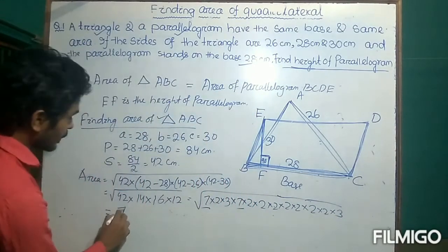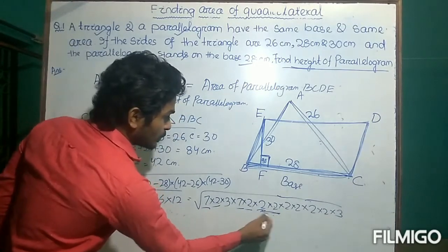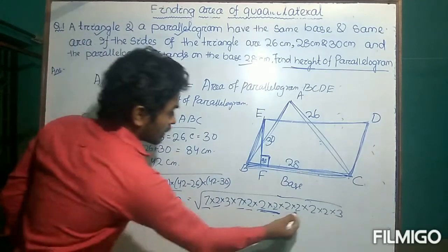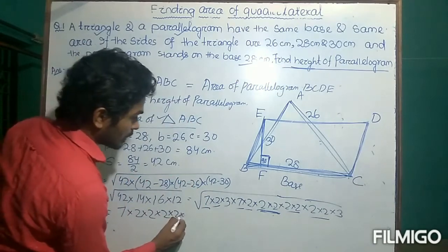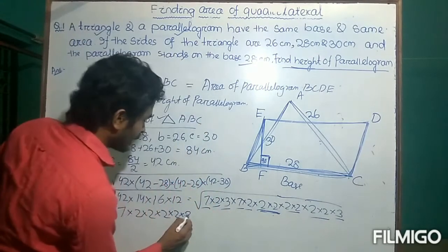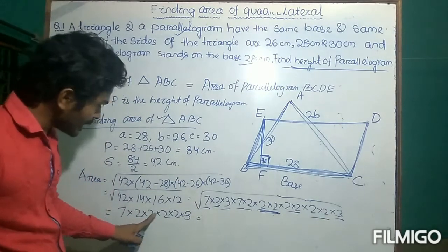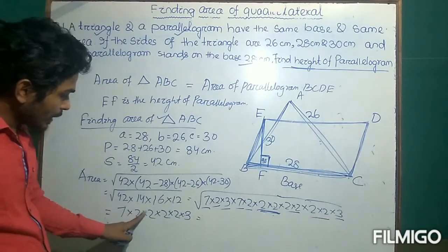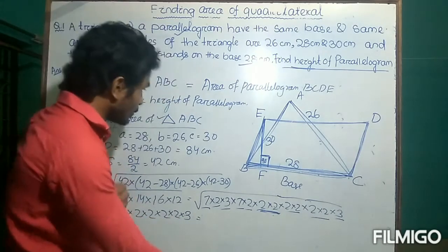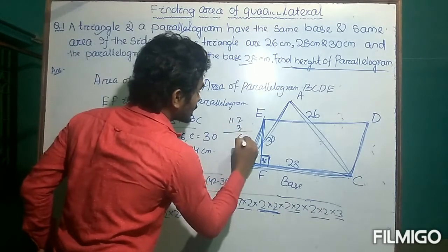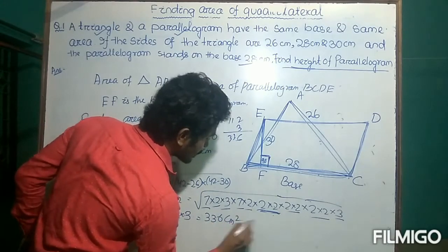So the square root gives 7 into 2 into 2 into 2 into 2 into 3, that is 7 times 2 is 14, 14 times 2 is 28, 28 times 2 is 56, 56 times 2 is 112, 112 into 3 is 336 centimeters.